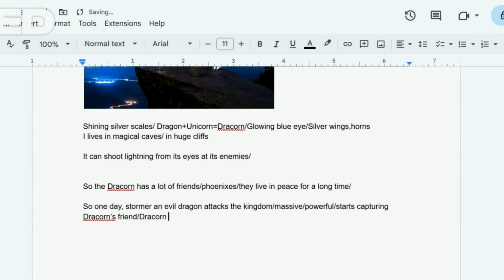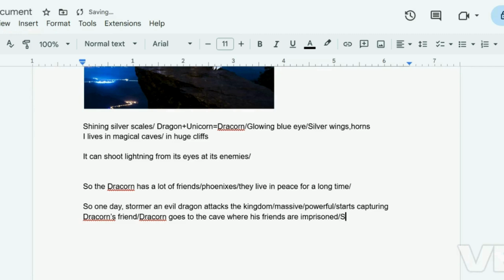Dracon goes to the cave. So Dracon basically goes to the place where his friends are kept or imprisoned by Stormer.